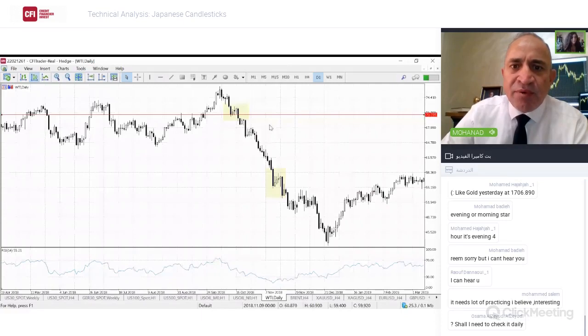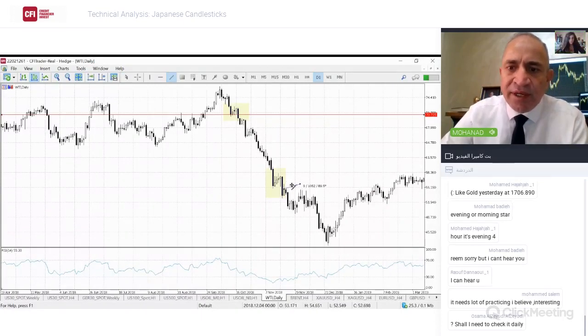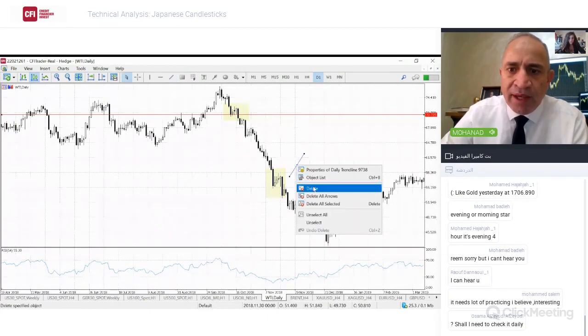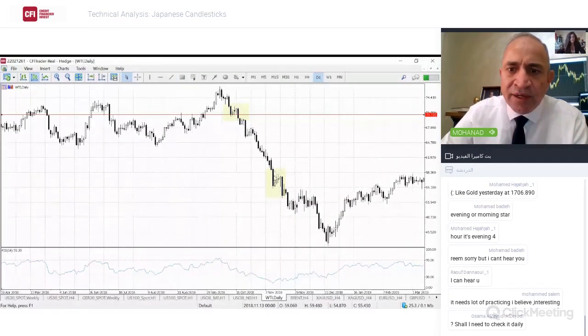This pattern is followed by another pattern here. I have a black candlestick followed by 4 small real body candlesticks, as we see in the first example here and the second example.